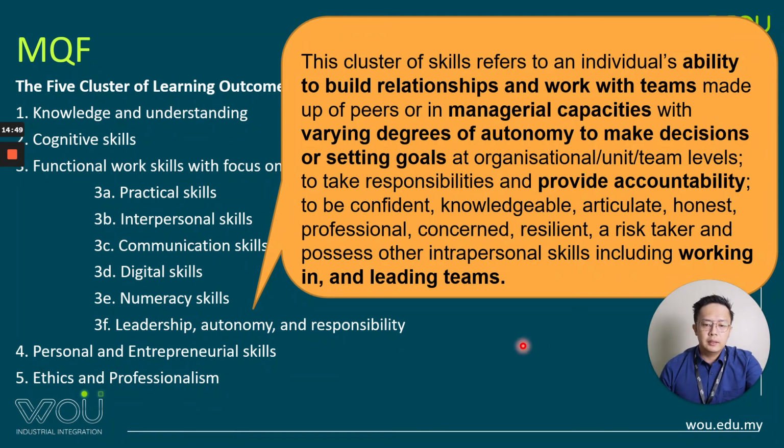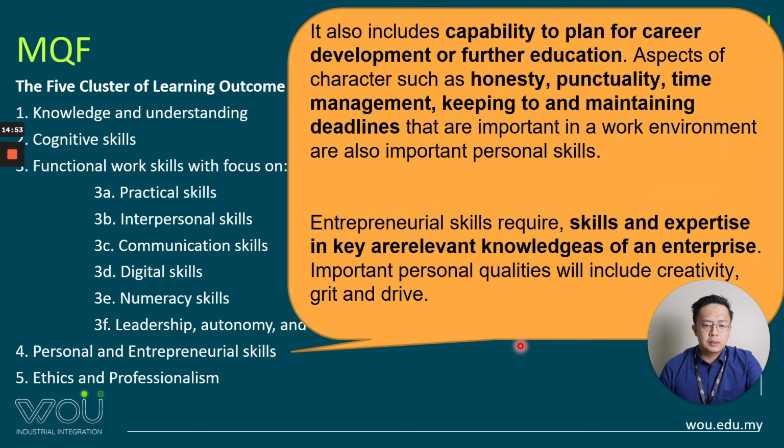Similarly, the personal and entrepreneurial scale refers to the ability of the students or graduates to plan for career development, honesty, punctuality, time management. These are all relevant to personal and entrepreneurial scale.